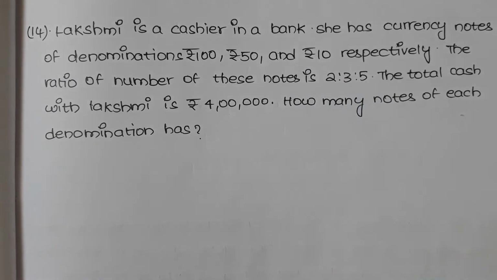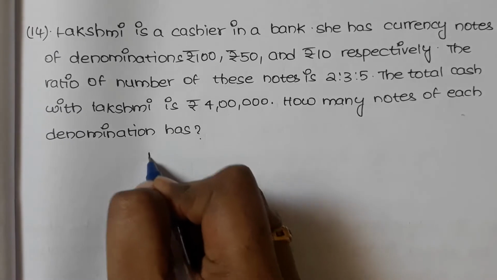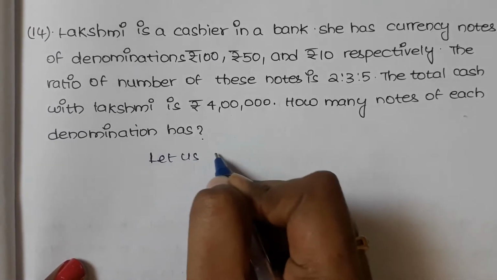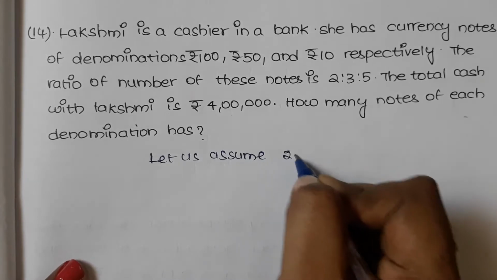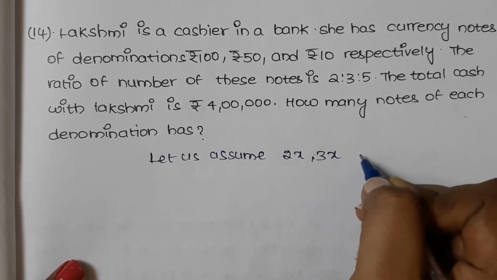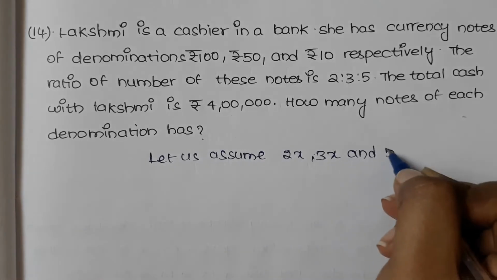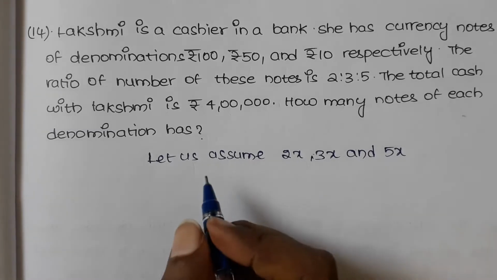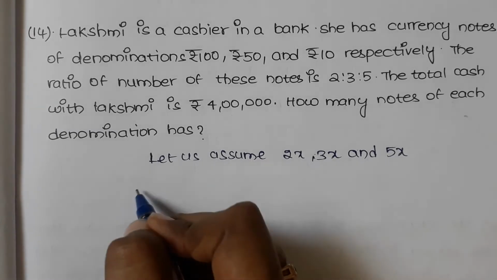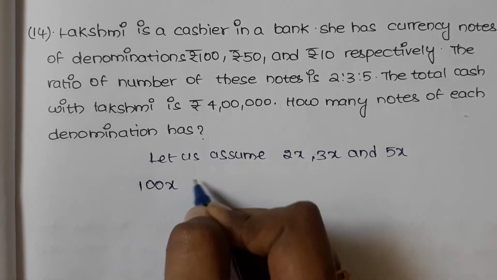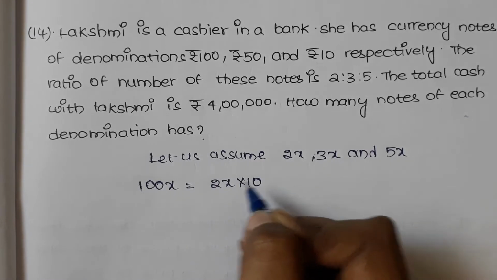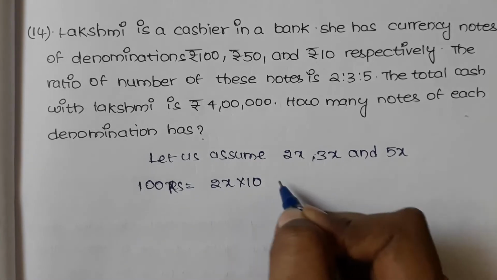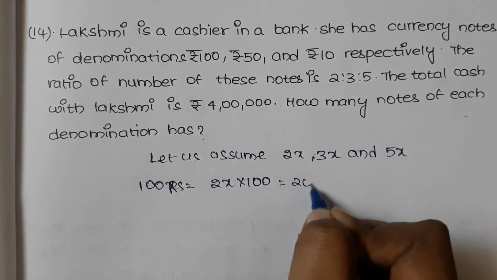Now let us assume she has the notes of 2x, 3x and 5x respectively. Now let us see the values of the amounts. 100 rupee notes: 2x into 100 rupees, that is 200x.